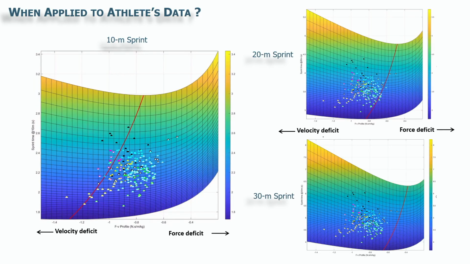If we do the same for a 20-meter or 30-meter sprint, we can observe that the optimal profile is not at the same place, which is logical. And for a 30-meter sprint, everybody from sprinter to weightlifter presents a velocity deficit. So we can see here the big effect of sprint distance on the optimal profile and on the force and velocity deficit.